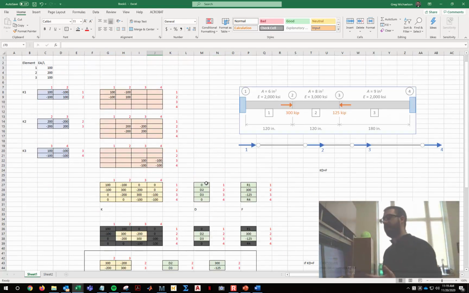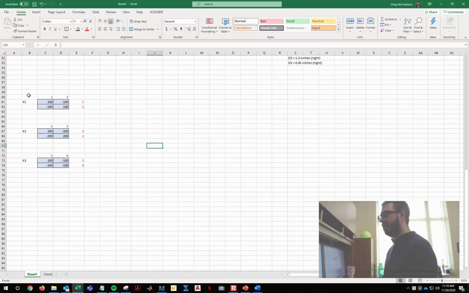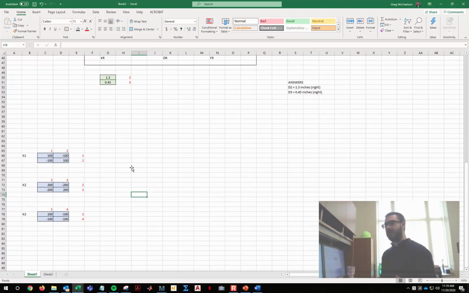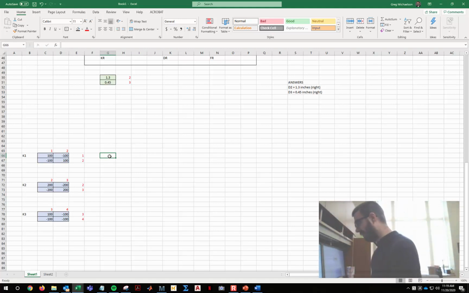Like we already did them up here. So I'm just sort of being lazy and copying and pasting them. So we've already got those. Now I've got a stiffness matrix for each element. Can I write down a displacement vector for each element?